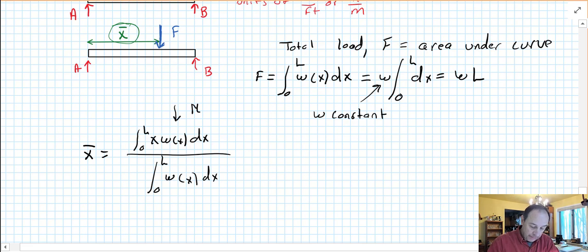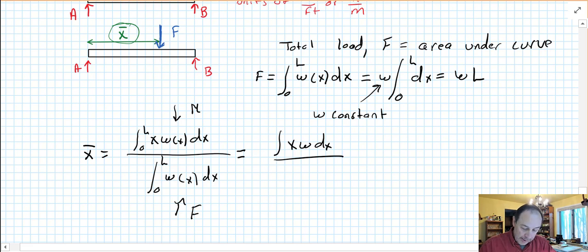Okay, this is M, this is F, right, because moment is just force times distance. So this one the integral of x w dx over WL, because we got that from up here, and W is constant. Put my limits in here.